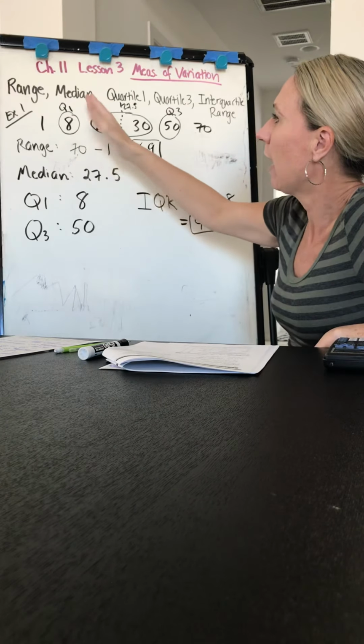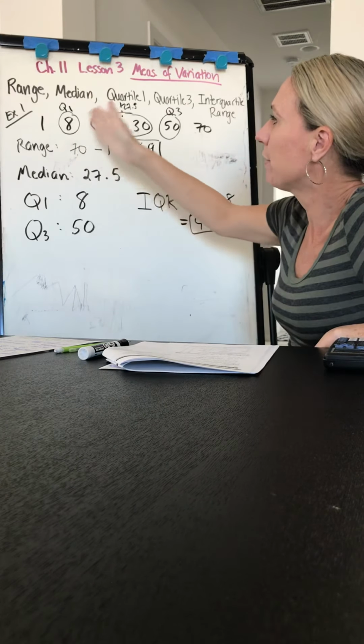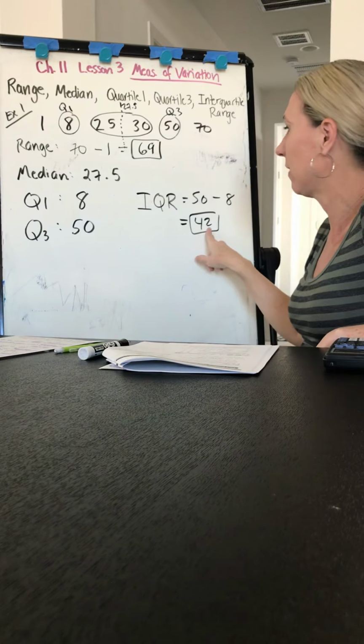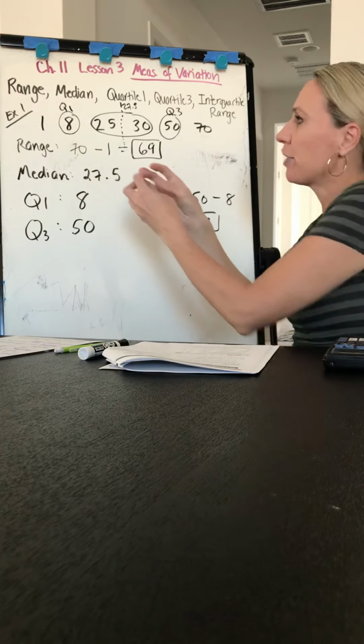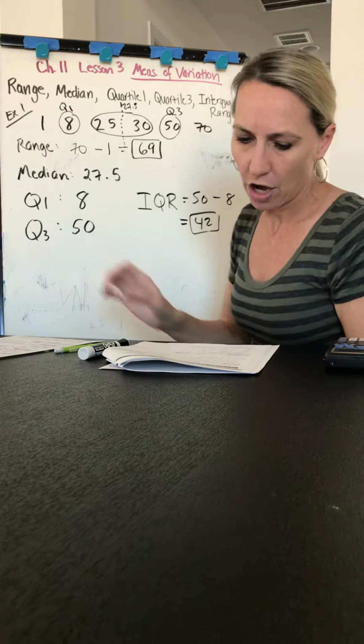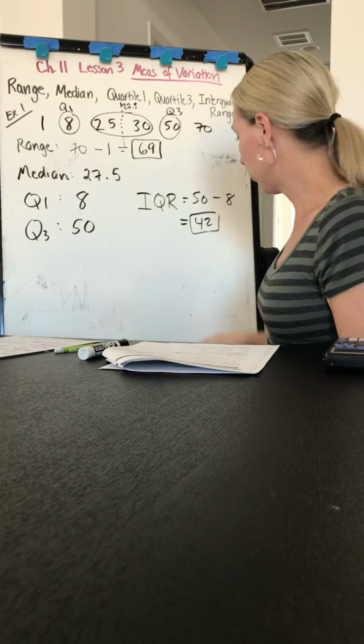How many spaces on the number line are between 8 and 50? That's a lot. To do that, you subtract. That's how you get 42. So there's a spread or a variance of 42 between 50 and 8. Okay, does that make sense? Mm-hmm. Okay, we'll do some more examples.